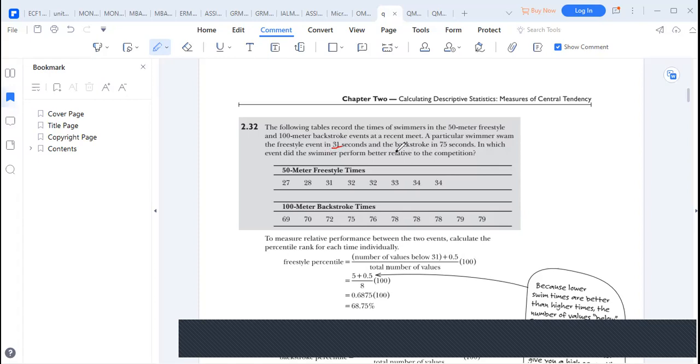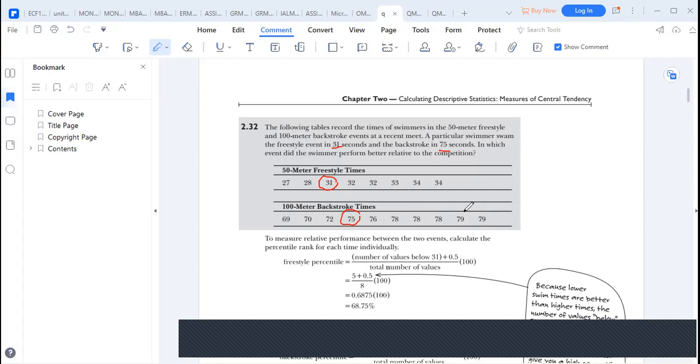Freestyle is 31, backstroke is what? 75. So in which event did he perform better? So we're going to use the percentiles. So here it was 31, and here it was 75. So let's calculate the percentile and compare. So this is the ascending order.